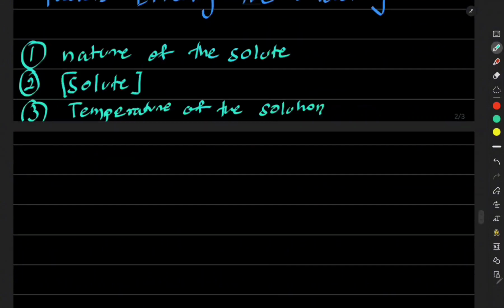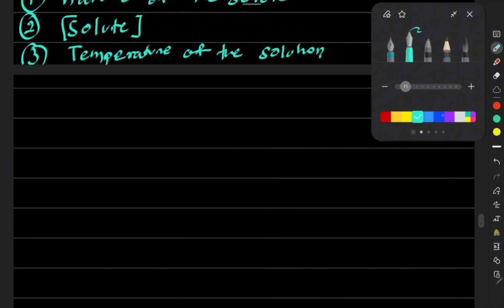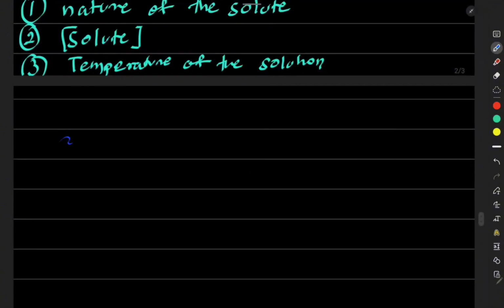There are two types of conductors. First, electrical conductors, and the second one is ionic conductors.